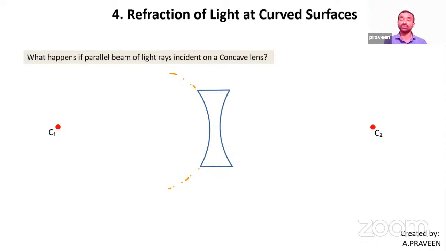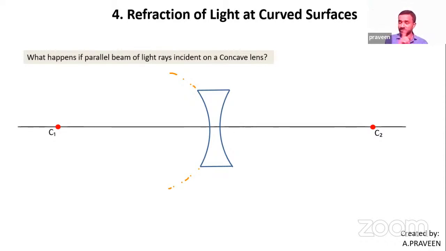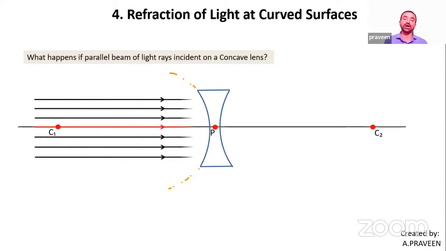C1, left side, C2, right side for the double concave lens. Then identify the points as C1 and C2. Now connect that points, imaginary line that which passes through the center of curvatures and the pole is called as principal axis. Then now what happens if parallel beam of light rays focused on the double concave lens? So here simply they appear to diverge.